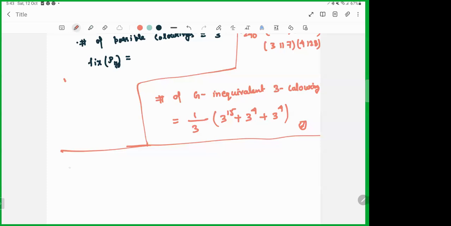So, second question. This is saying, let H be the graph below. What is the graph? The graph is this.